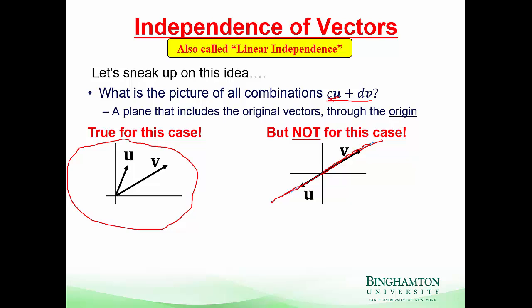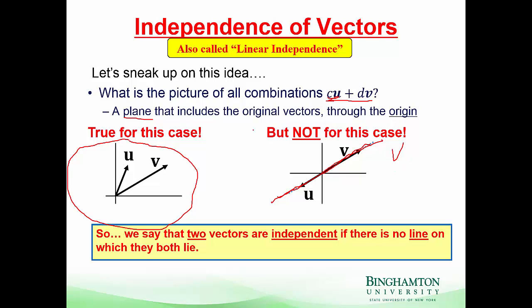So the only thing we can create are things on that line. So certainly if u and v lie on the same line, we cannot use them to create a plane. So the set of all possible linear combinations would not form a plane in this case. So that's the caveat for the 2-vector case.